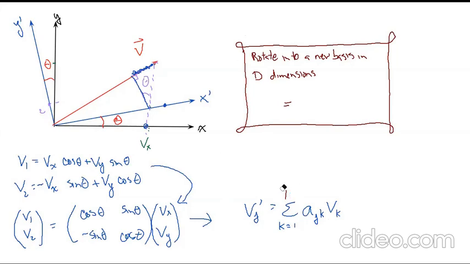But this is, in general, what a rotation is. You guys will do reflections on the homework. If I rotate a vector from one basis into a new basis, which is just a rotation, it's just a 10 by 10 matrix multiplication if we're in 10 dimensions, or a D by D matrix multiplication.